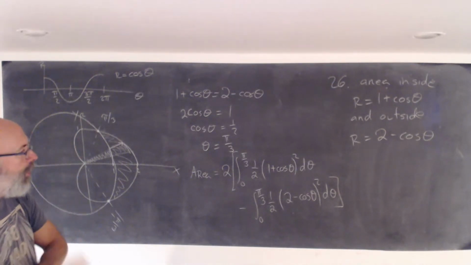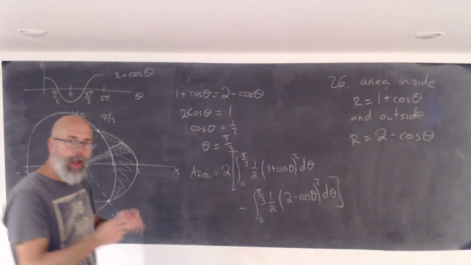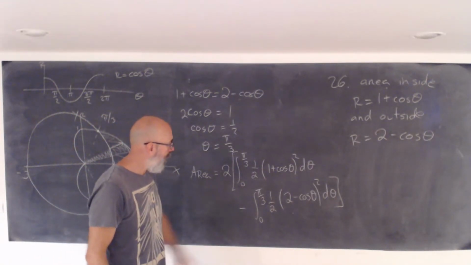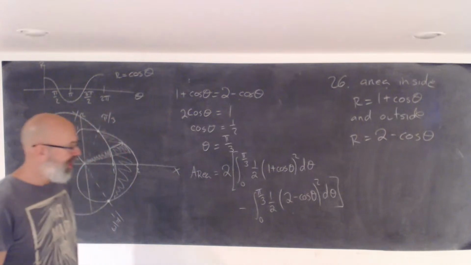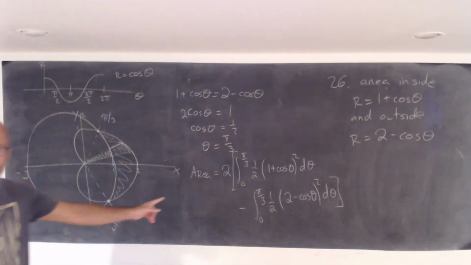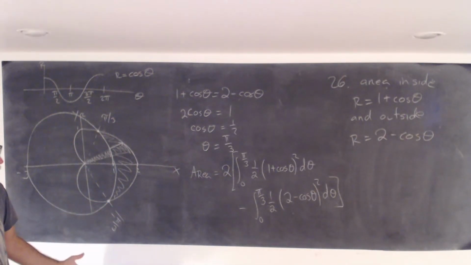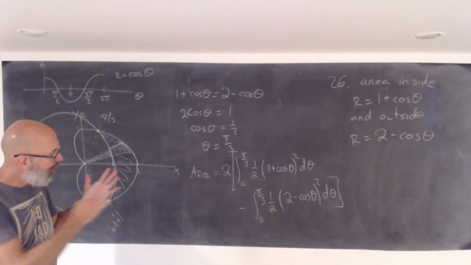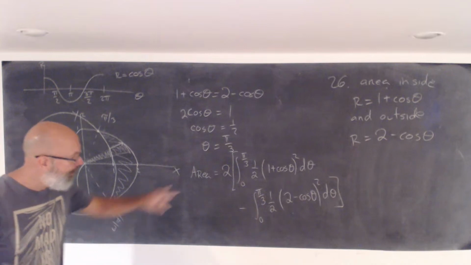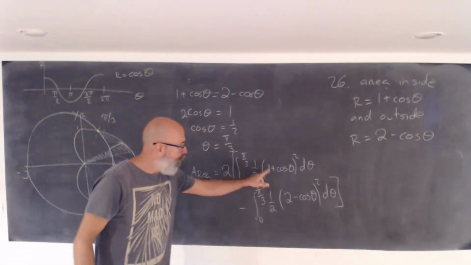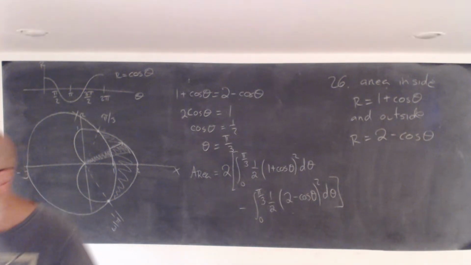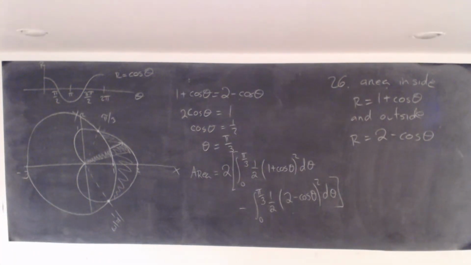So be careful, set it up properly, and there's no need to take the absolute value of anything. This is the proper setup. I'll let you integrate this again. For us here, at this moment in time, it's the setup that's important. You know exactly how to integrate these things, so let's not waste any time doing that.